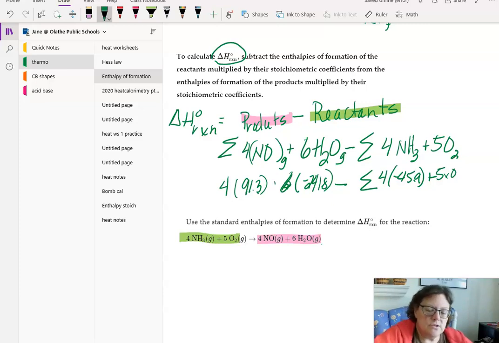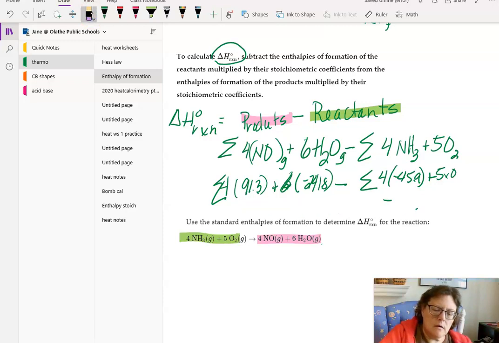So now we just do the math. We're going to sum all of this. So 91.3 times 4 is 365.2. 6 times negative 241.8 is negative 1450.8.